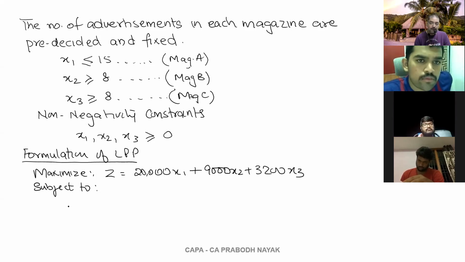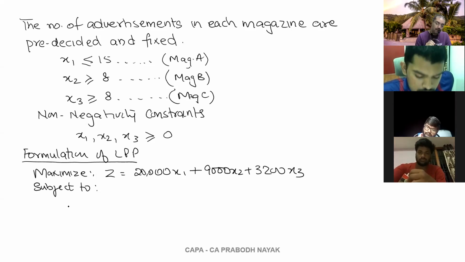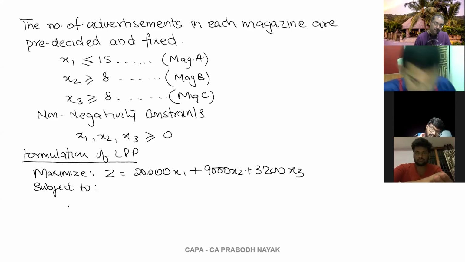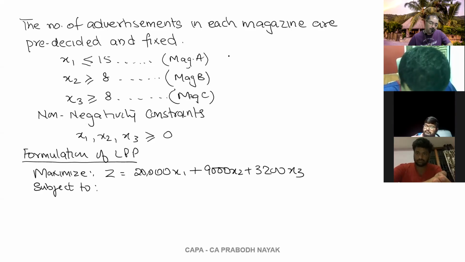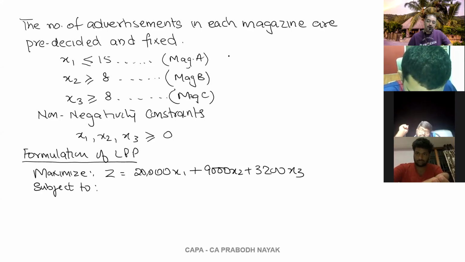There is one more constraint. Budgeted amount is at the most 1 lakh. So how do we calculate the budgeted amount? This is of 3 magazines. Cost per advertisement is 8,000, 6,000 and 5,000.